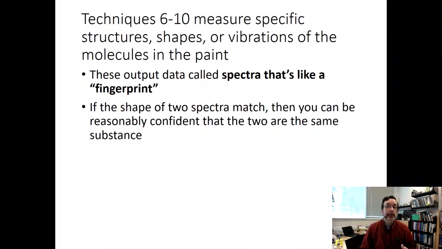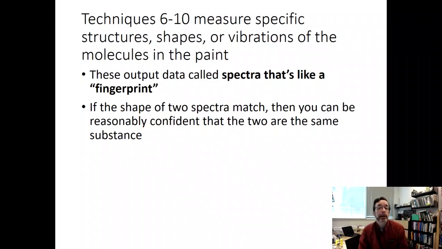Techniques 6 through 10 use different kinds of radiation, and they collect information about the context of the chemical. They collect complex shapes that you then compare to each other to see which shapes are most similar. These can be measuring structures of the molecules, the way they vibrate, the arrangement of the crystals, something having to do with the bonds.